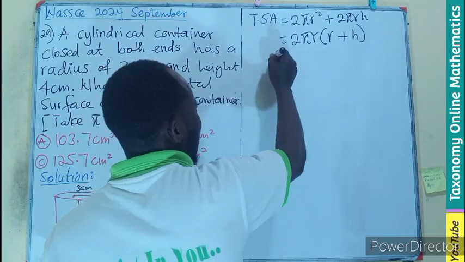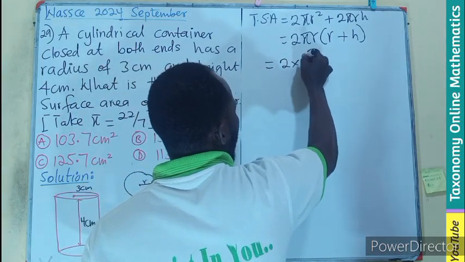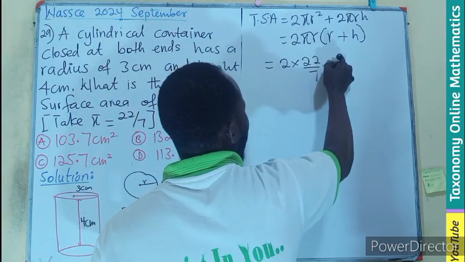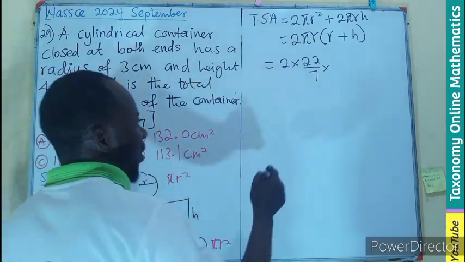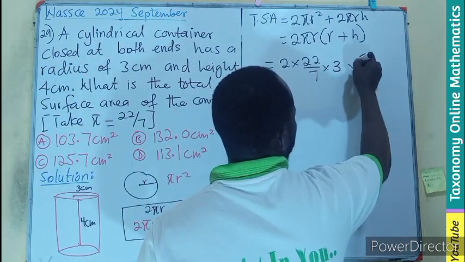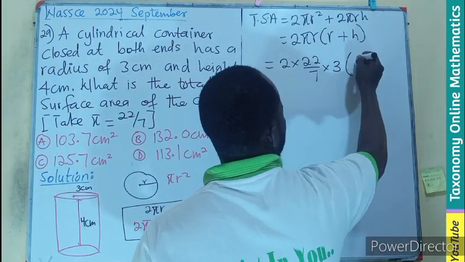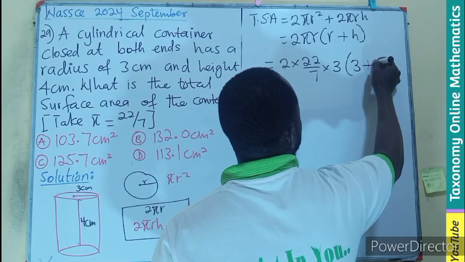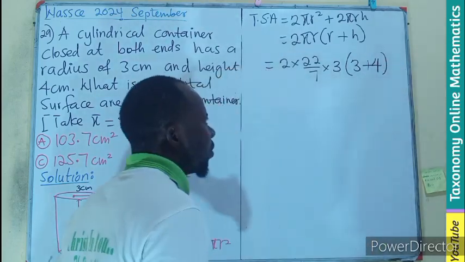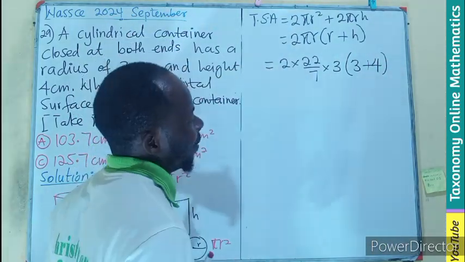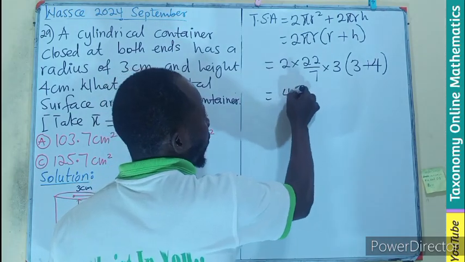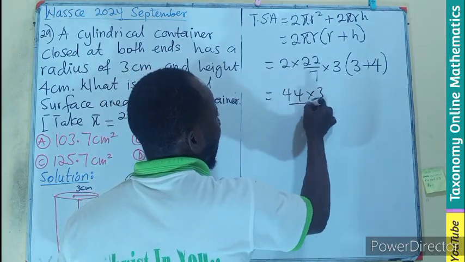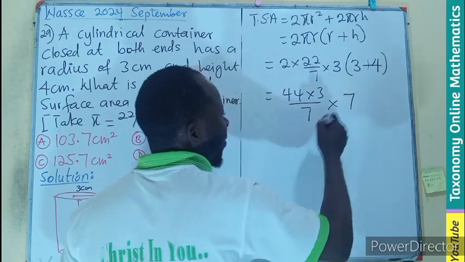Let's do substitution. 2 times pi, which is 22/7, the radius has been given as 3, let's have 3, height 4. So what happened? 2 times 22 will be 44 times 3 divided by 7 times 7.